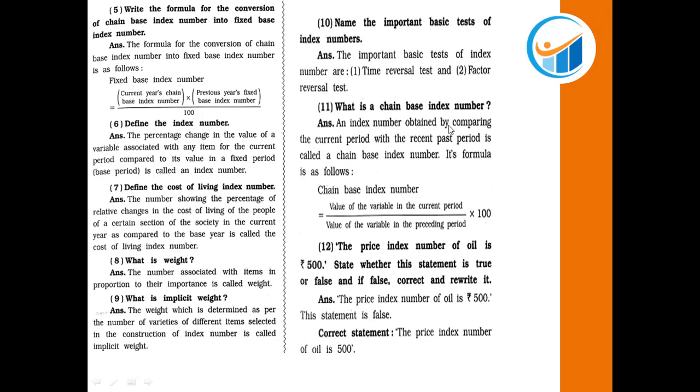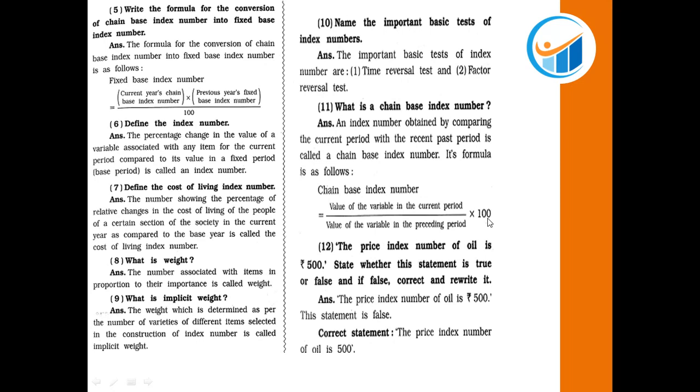An index number obtained by comparing the current period with the recent past period, or we can say the preceding period, is called a chain base index number. The formula for calculation of the chain base index number is very simple: value of the variable in the current period divided by the value of the variable of the preceding period, into 100.